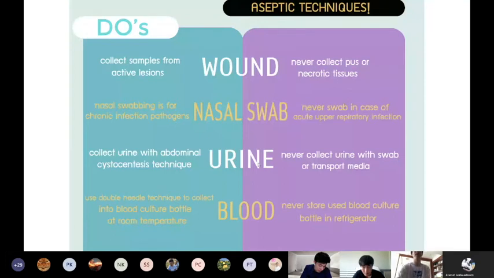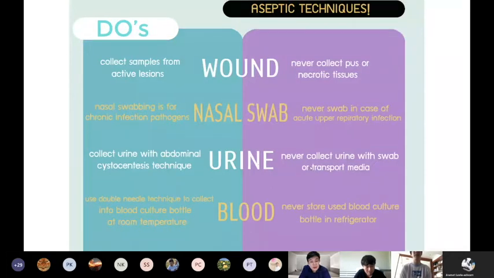What we never do in nasal swab sampling is swab in a case of acute upper respiratory infection, because it might be contamination from upper respiratory normal flora, not a causative agent at all. So in a clinical case, if the animal comes with nasal discharge for less than 10 days without other clinical or systemic signs, it might resolve itself and we don't have to swab or culture at all.